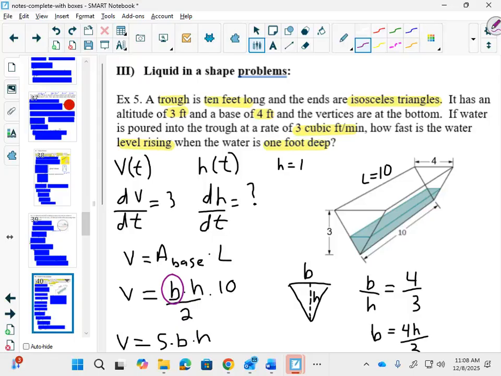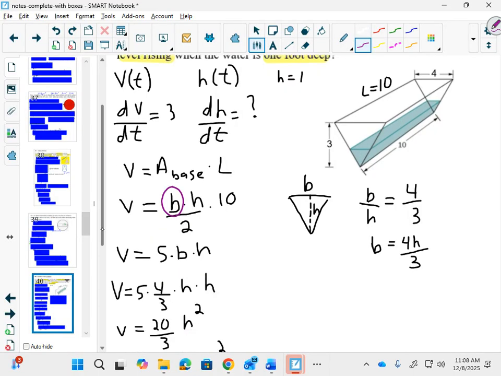And that's the beautiful thing about triangles, is that this triangle here is similar to this triangle here. So ratios of sides are going to stay the same. What do we know? We know that the base divided by the height is 4 over 3 for the big triangle.